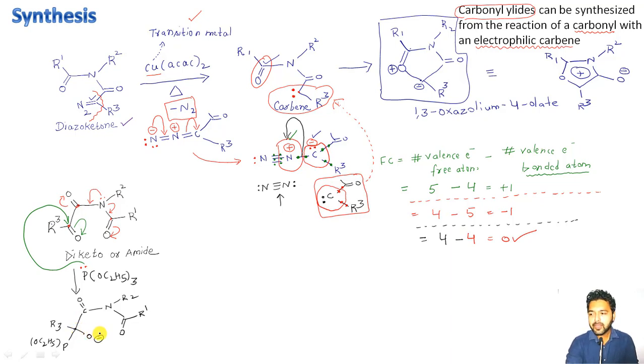And after that, this oxygen negative will now attack on this carbon atom, sending these 2 pi electrons onto this oxygen atom, because there is no choice now, right? At that time we did have a choice.